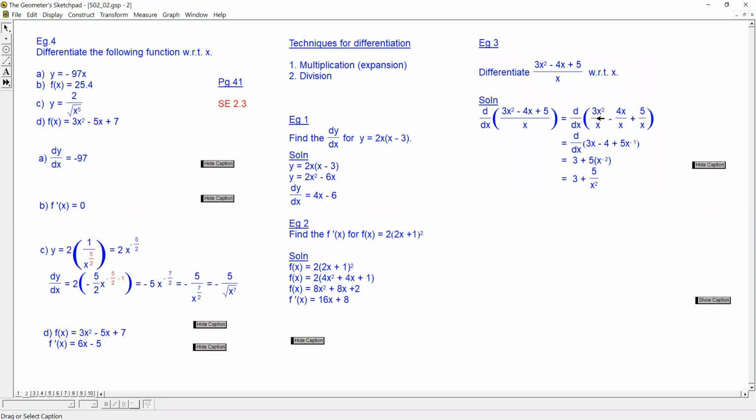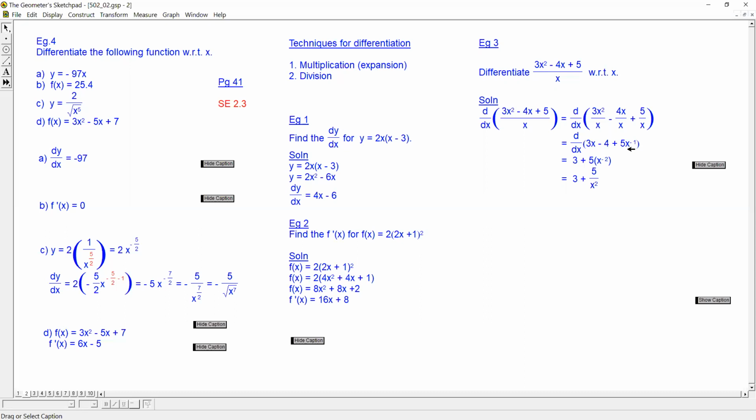Once you've separated them, simplify first. Cancel away the x, you have 3x. Cancel away the x, you have negative 4. 5 over x is 5x to the power of negative 1. So this is how we simplify. After simplifying, 3x minus 4 plus 5x to the power of negative 1, you have not differentiated it yet, so the d dx is still in front of this function. Now you differentiate: 3x becomes 3, negative 4 becomes 0.